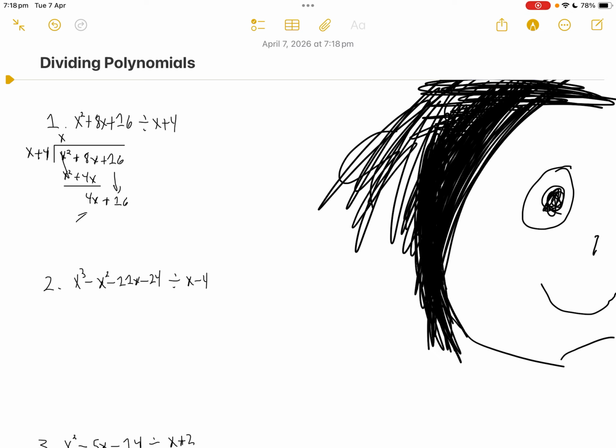Since we have a perfect multiplier for what we're seeing here, it's going to be 4, because 4x is basically 4 times x, whereas 16 is 4 times 4. So both of these cancel out, and you have found yourself a perfect root of a polynomial.